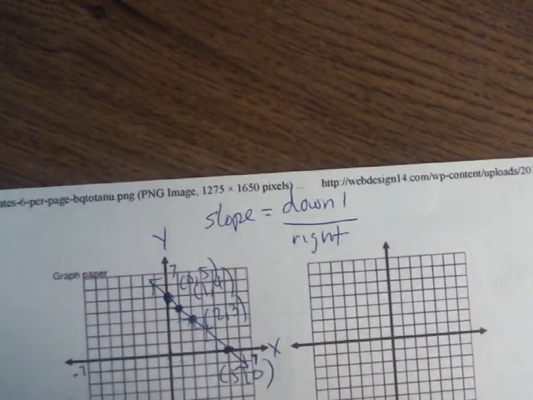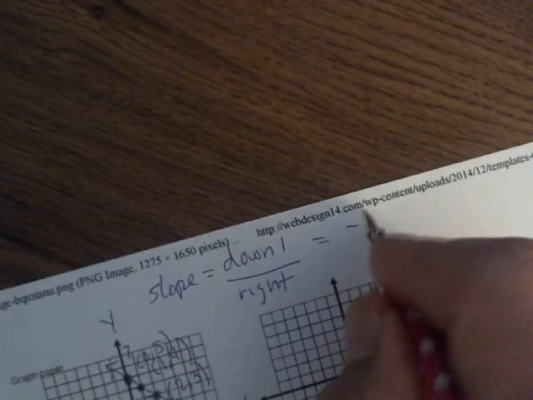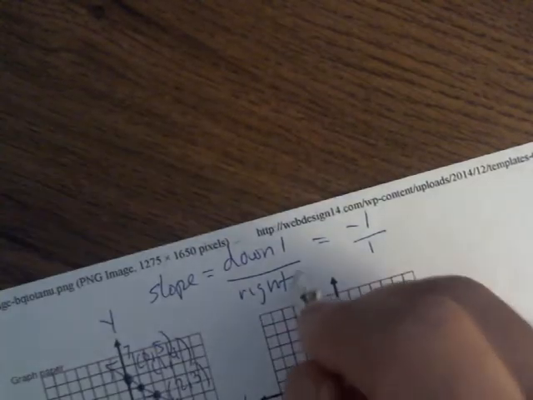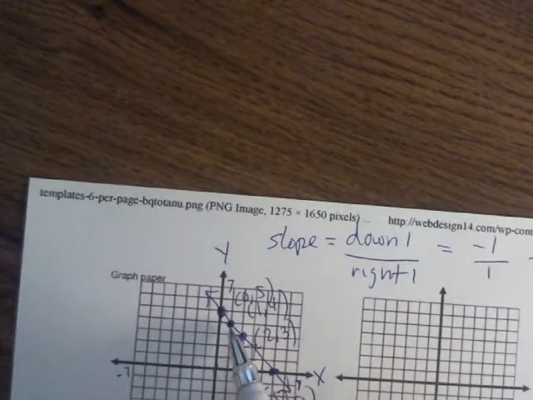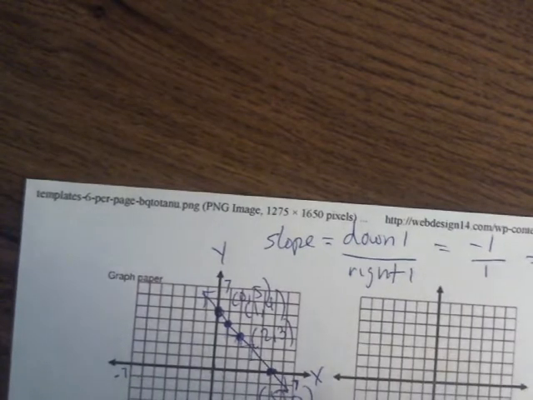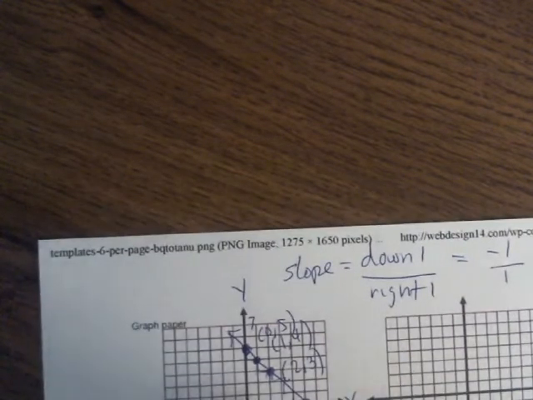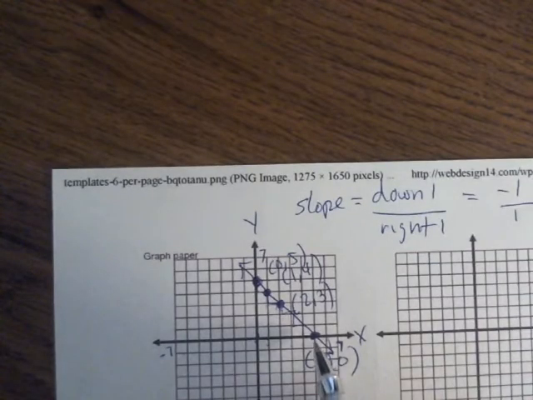Rise is not always up. Rise can be down. So down 1 is -1, right 1 is +1. So that gives me an overall slope of -1, which means for every point I go down, I go right 1. My line's going downhill. That also indicates negative slope. You can also look at going from this point up to here.